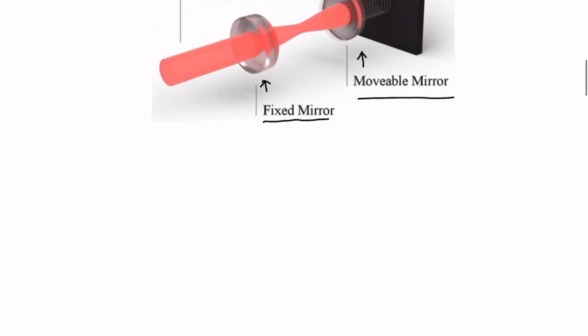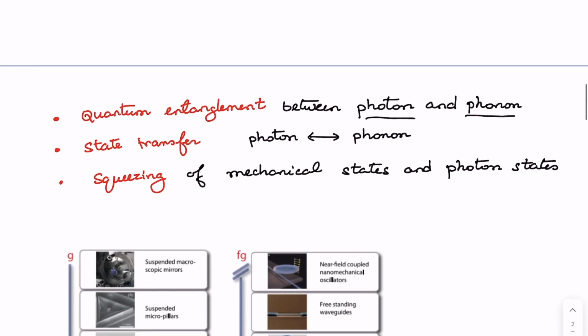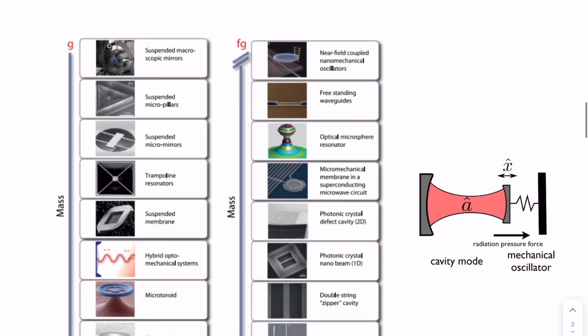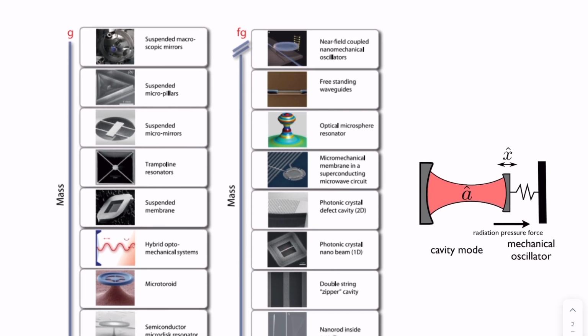What is quite remarkable is that this model of two mirrors, one fixed and the other movable, with light or radiation incident at one end, is capable of explaining a plethora of very different looking optomechanical systems.